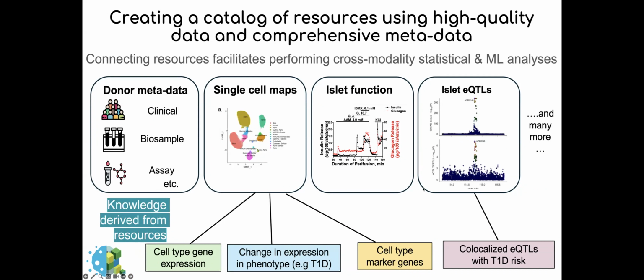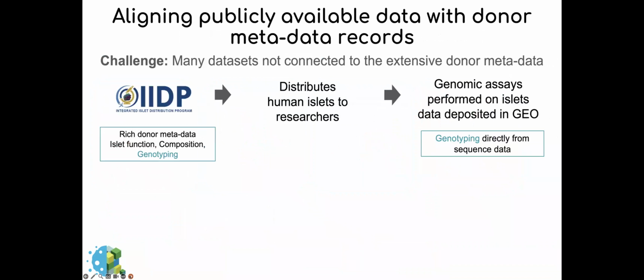And of course, there are many more applications that can be done once you start to derive knowledge from these combined resources. So I want to highlight a couple of the ways that we've been able to provide added confidence in our ability to link donor metadata to genotype and genomic data that has been generated on these resources.